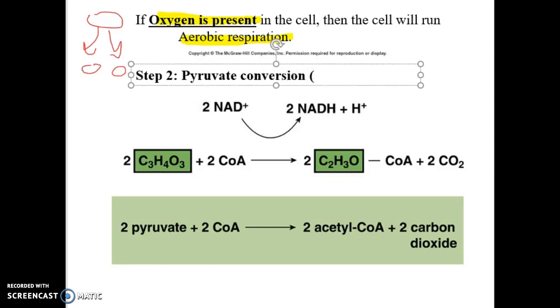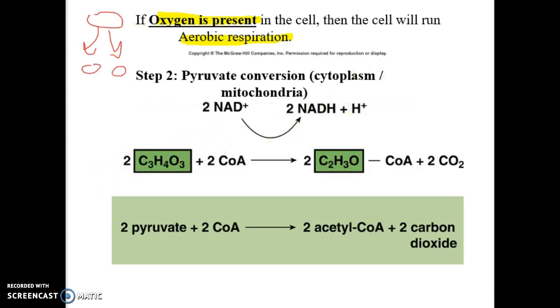This is going to happen in the cytoplasm/mitochondria. The goal here is to take the pyruvates, bust them up, make them smaller, so that way they fit into the mitochondria. So this is kind of crossing from the cytoplasm through the mitochondrial membrane.